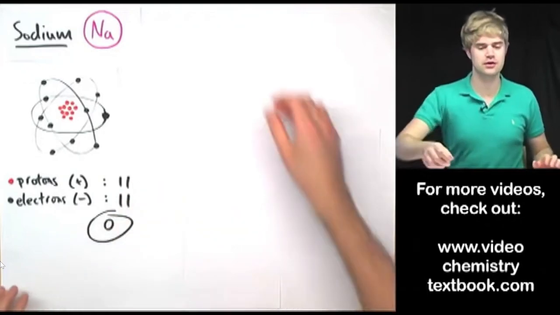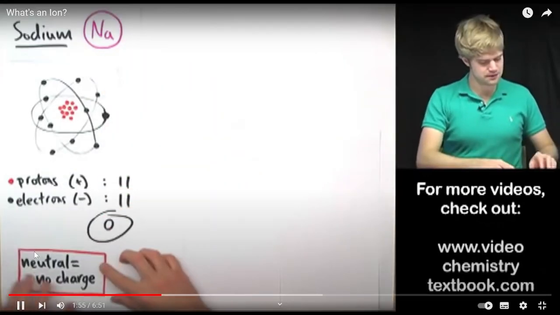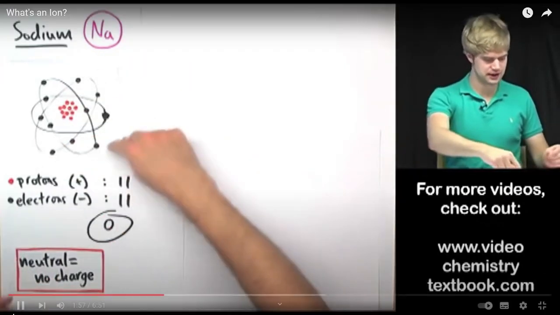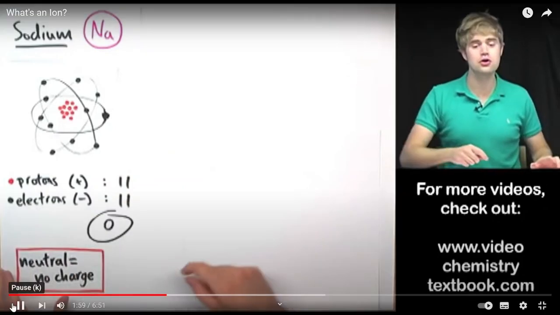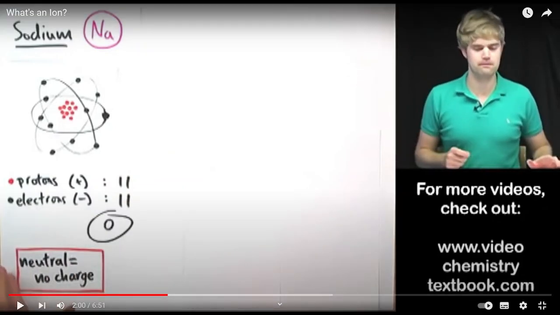They cancel each other out. And something that has no net charge, like the sodium atom, we call neutral. So you can fill in the net or overall charge is 0. And what do we call something that has no charge? Neutral.